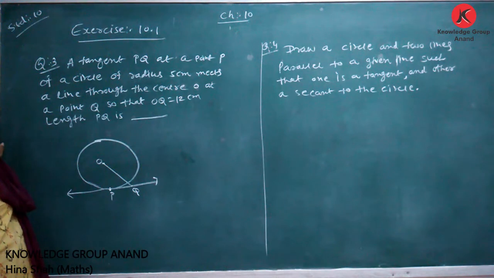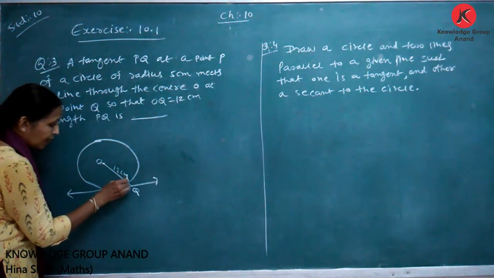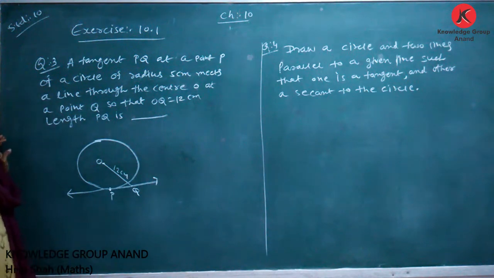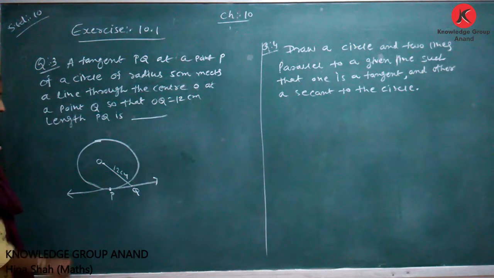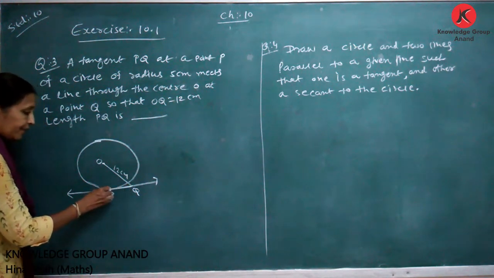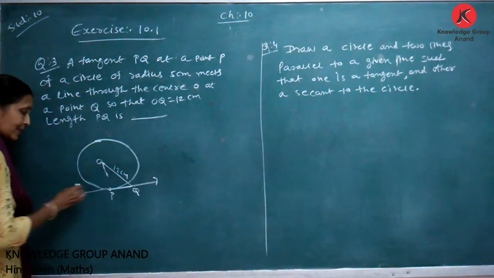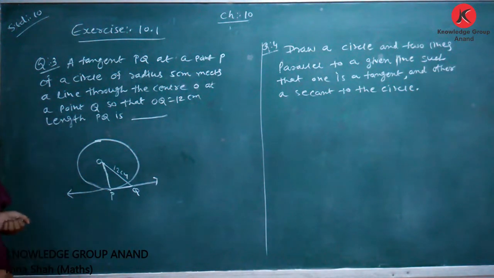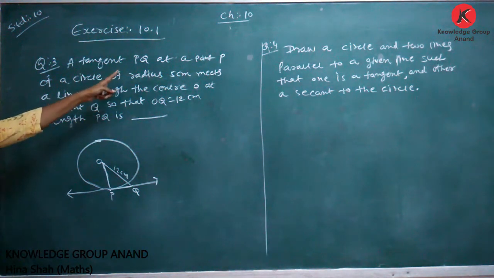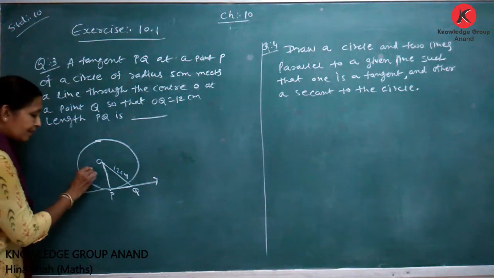So that OQ is equal to 12 cm. Then find the length PQ. OP is the radius. What is OP? PQ is the tangent at point P of a circle of radius 5 cm.